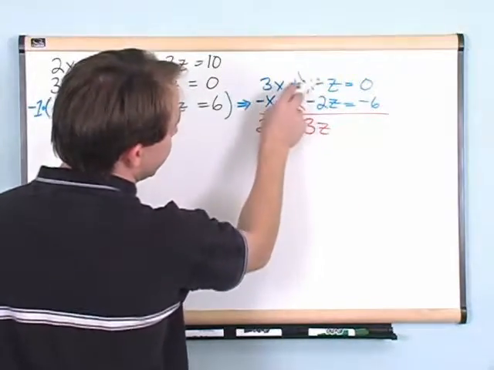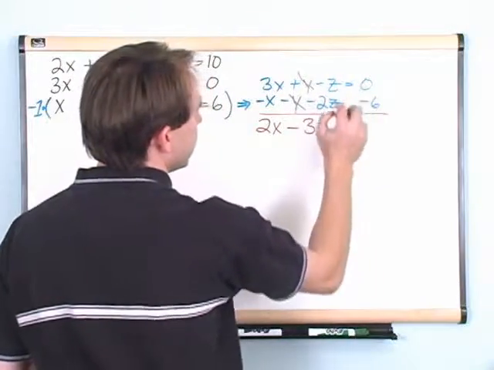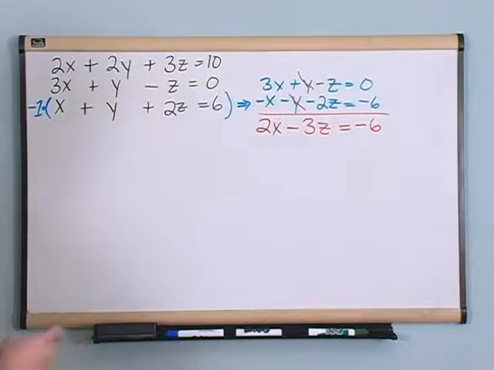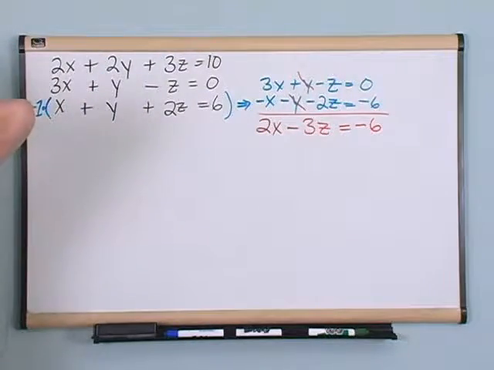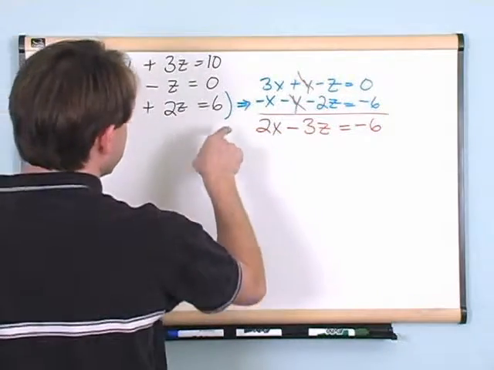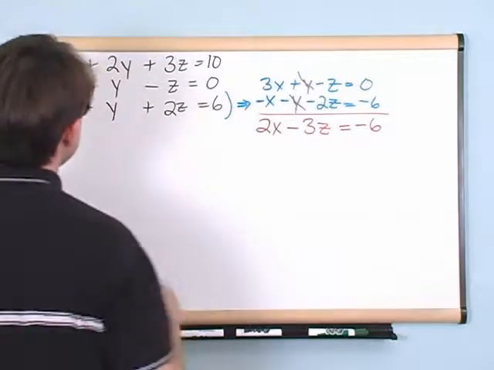So I just added these two together, -z plus -2z is -3z, equals 0 plus -6, which gives me -6. Now notice I've taken these two equations and reduced them to a form where I have an equation in x and z, and I've eliminated y.